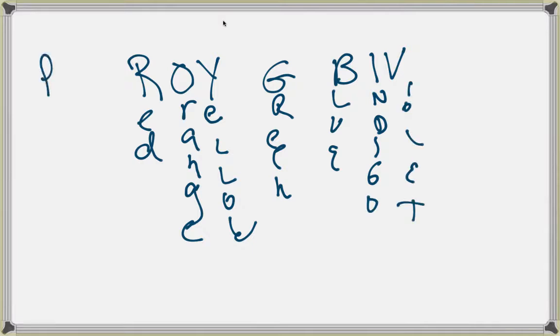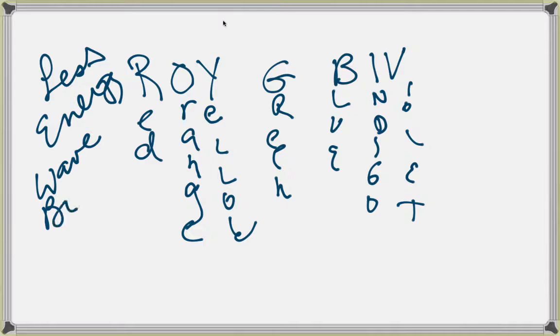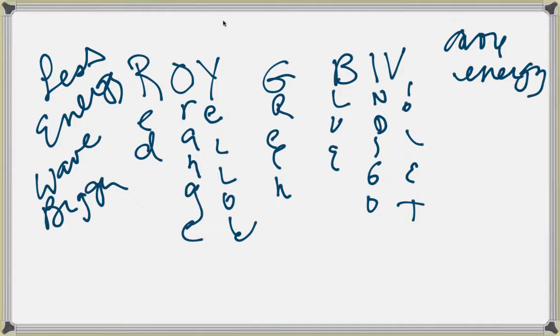And like I said, this has less energy on this side, so these waves are bigger. This is more energy, and so the waves are smaller.